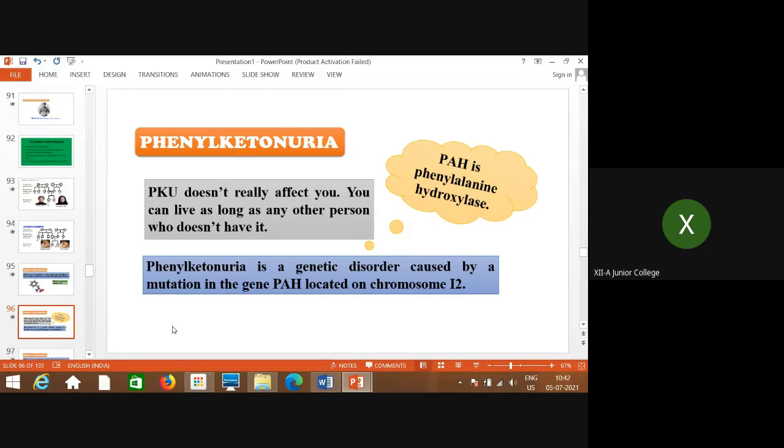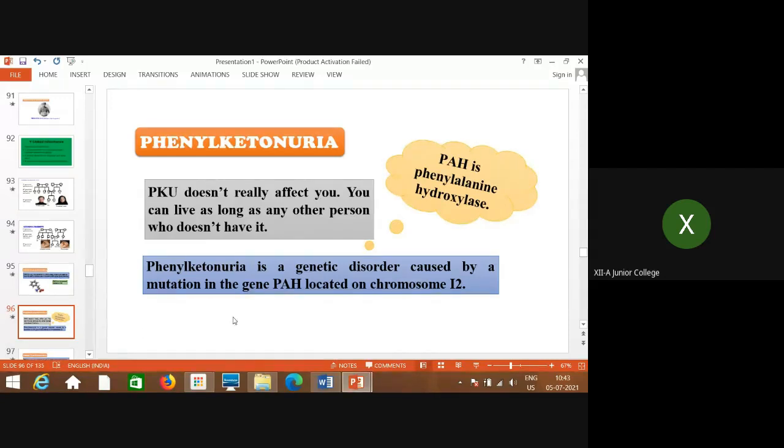This is a genetic disorder caused by a mutation in the gene called the PAH gene, located on chromosome number 12. So the first 22 are autosomes, and only the 23rd is considered to be the sex chromosome. And on chromosome number 12, this gene called PAH, what does it represent? Phenylalanine hydroxylase.